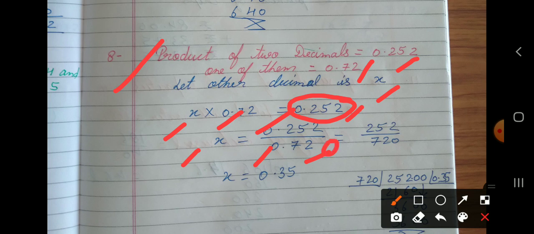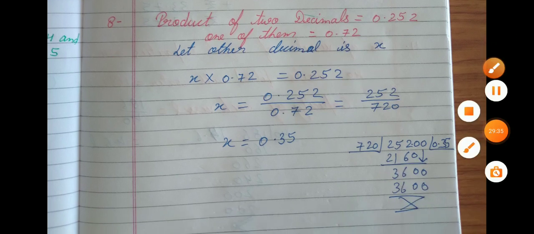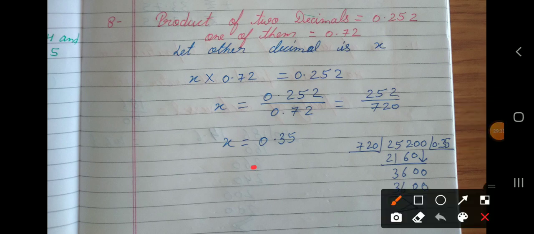Now 3 in the denominator, 3 in the numerator. Now we can easily cancel the decimal. The number is 252 divided by 720. Yes. Here this is division. On division we are getting 0.35. This is the required decimal number.